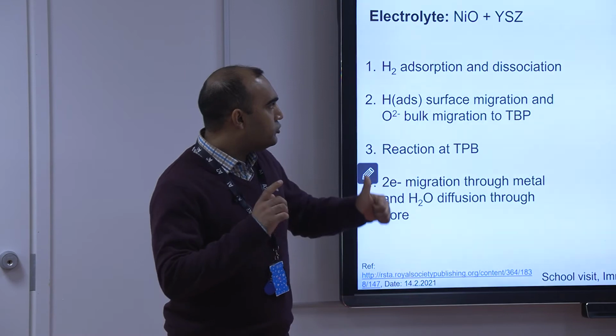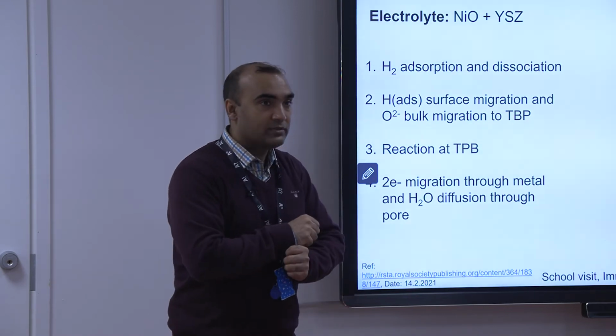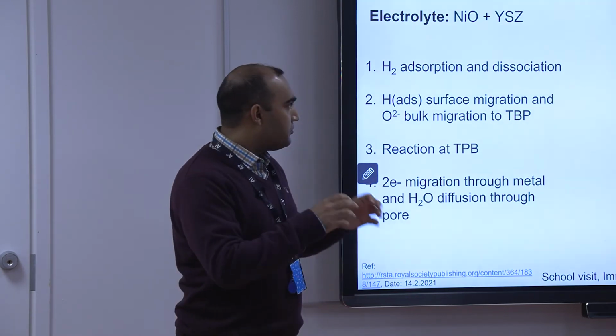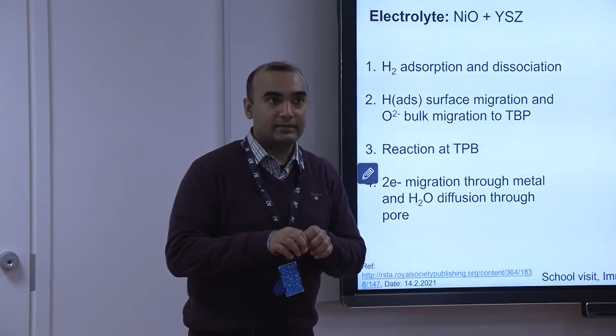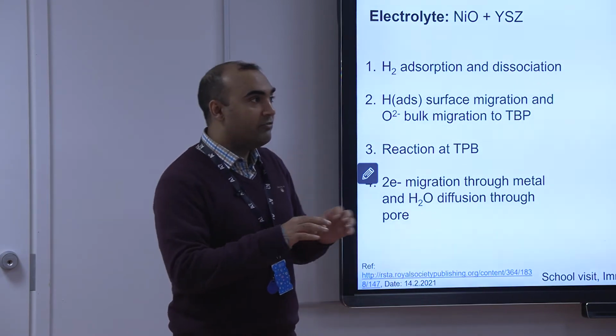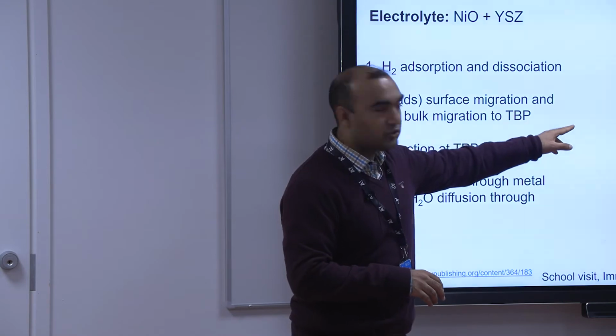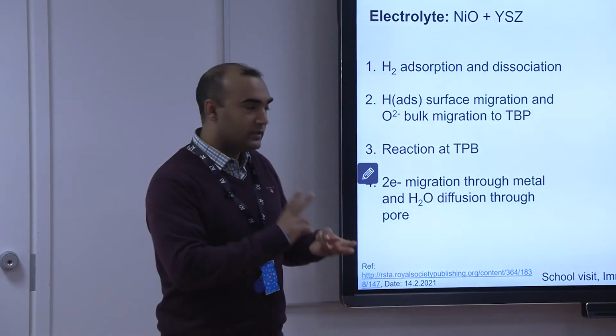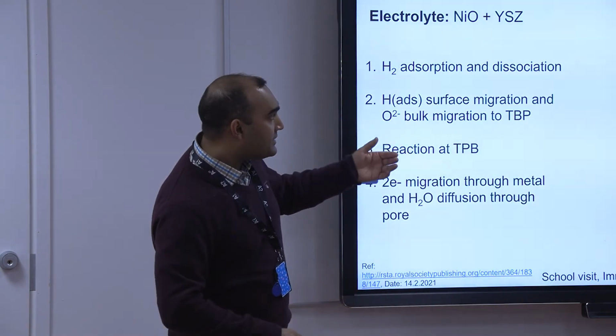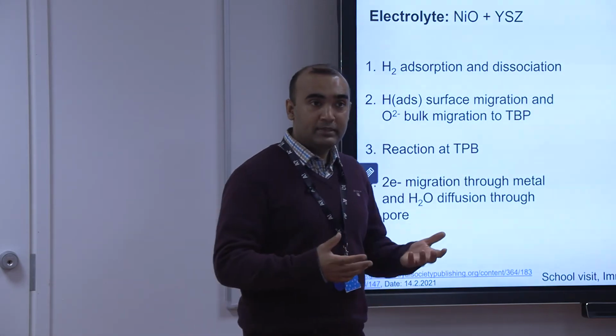First, the hydrogen molecule needs to be absorbed on the surface of the electrode material. Once it's absorbed on the material, it dissociates, and then it diffuses towards this reaction site, which is the three-phase boundary.